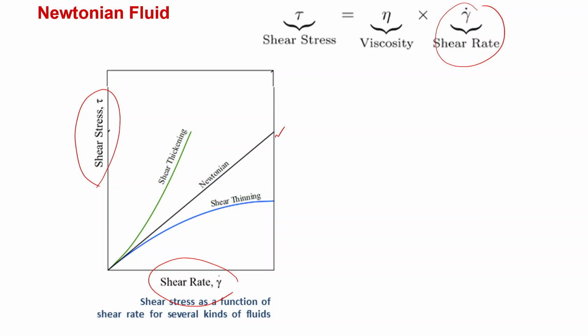In a Newtonian fluid the viscosity remains constant, it does not change with the shear rate, but for a shear thickening fluid, the viscosity increases with the increase in shear rate, and for shear thinning the viscosity reduces.